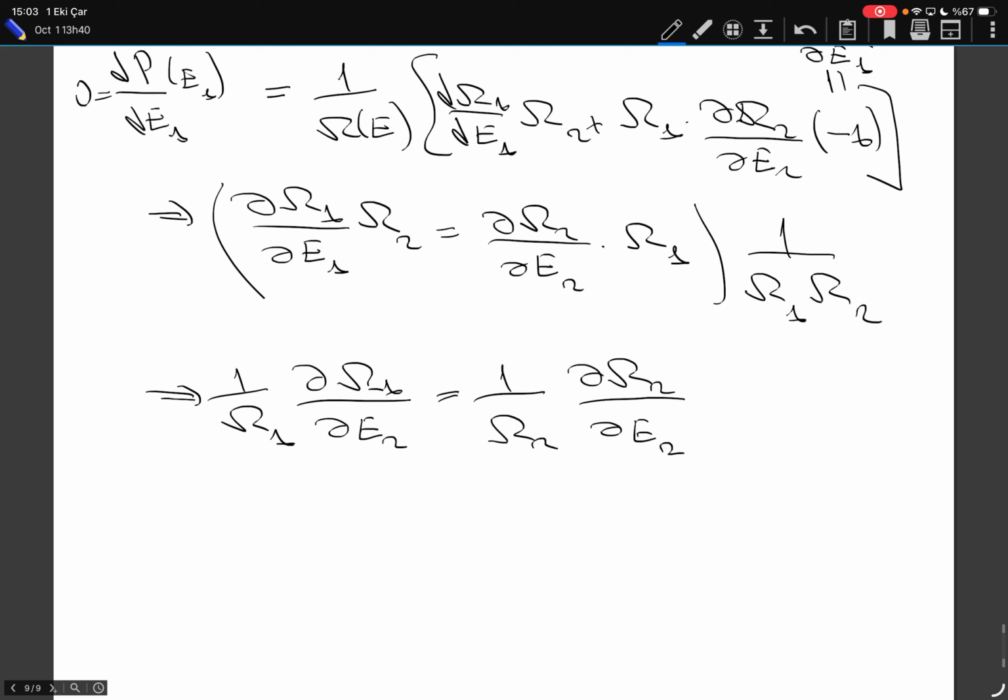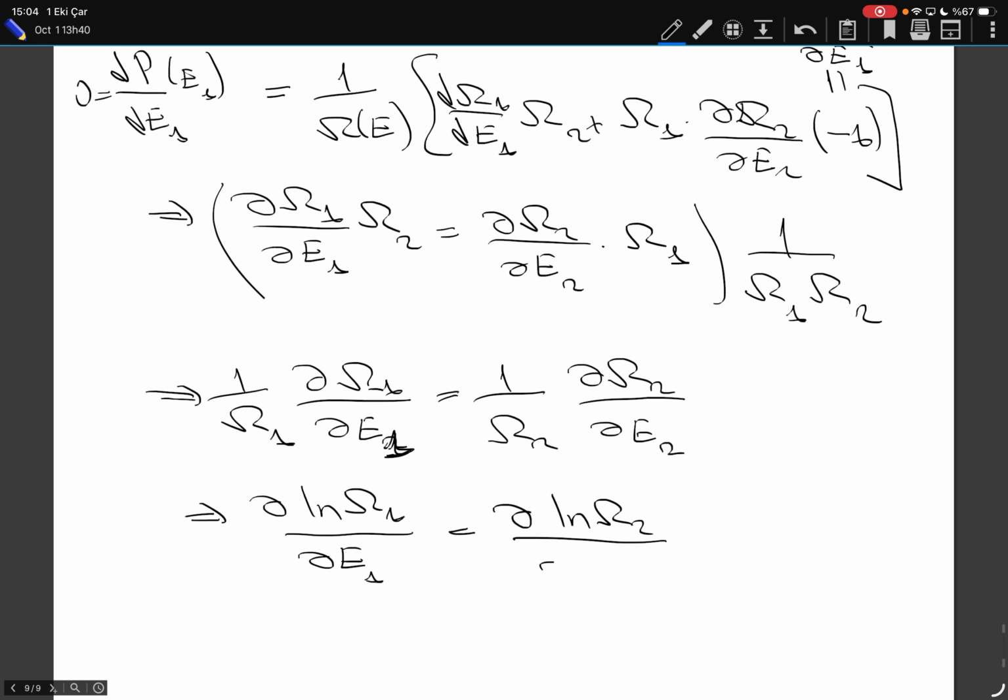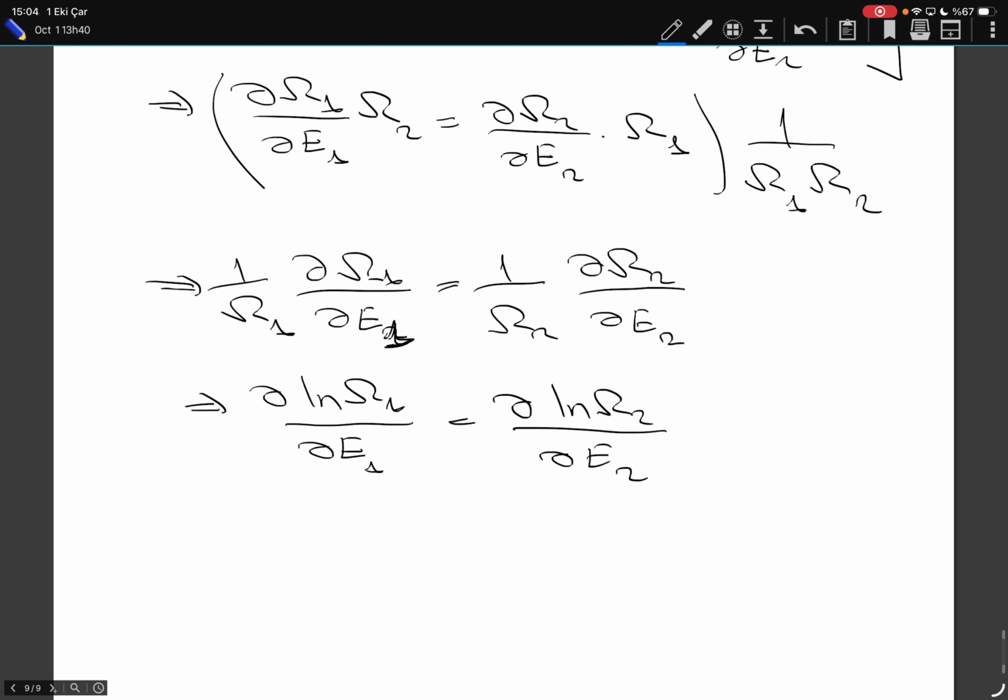Or, the derivative of the logarithm of omega 1 with respect to E1 should be equal to the derivative of the logarithm of omega 2 with respect to E2. This condition will determine the most probable value of E1.